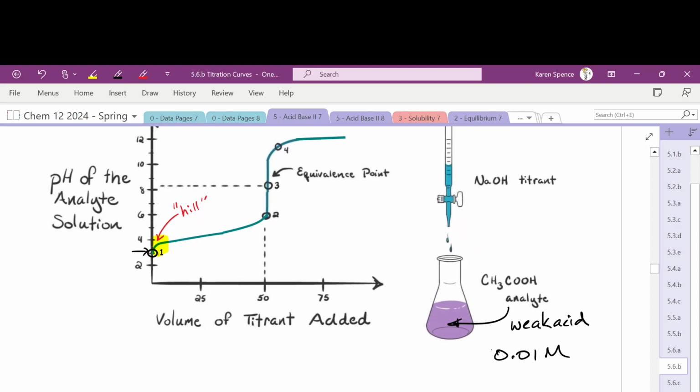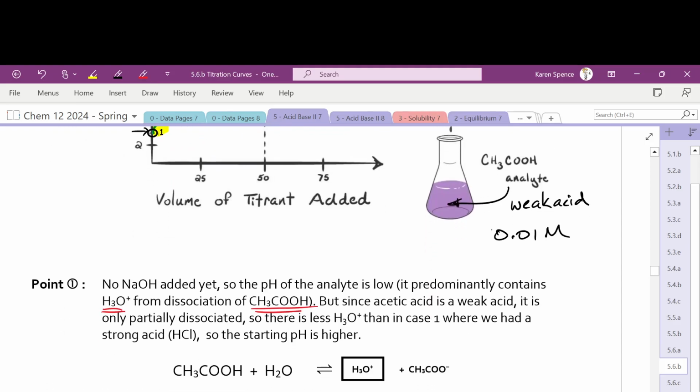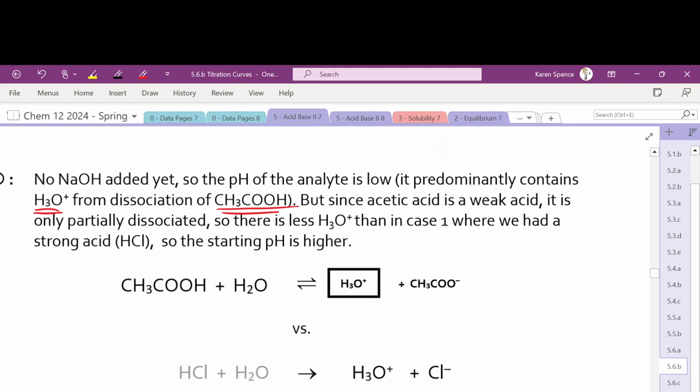So at point number 1, there's been no NaOH added. So the pH is low because it is H3O from the acid, but it's a weak acid. So how much H3O do we get from the dissociation?